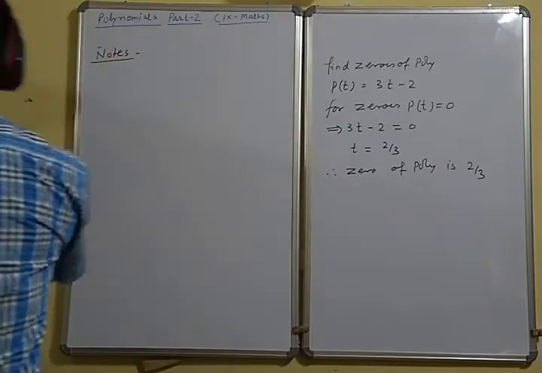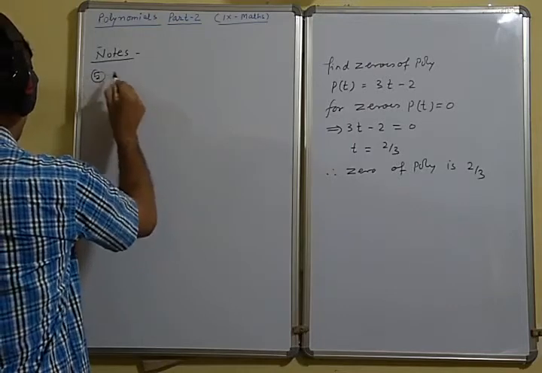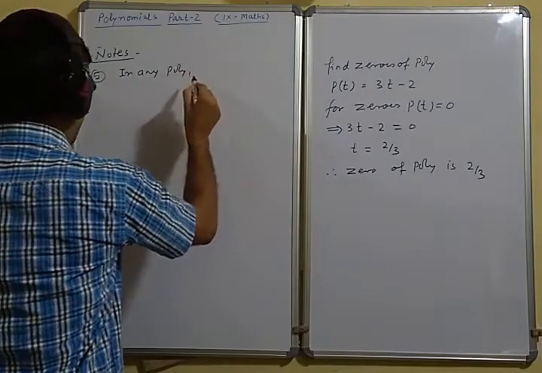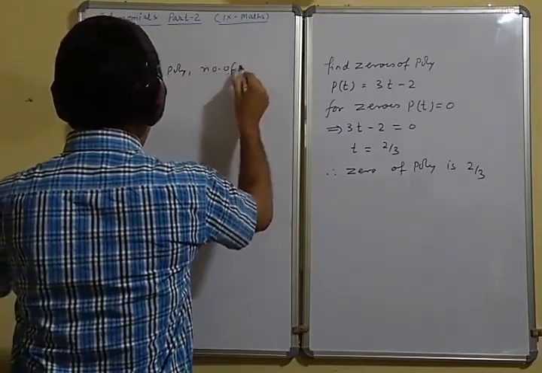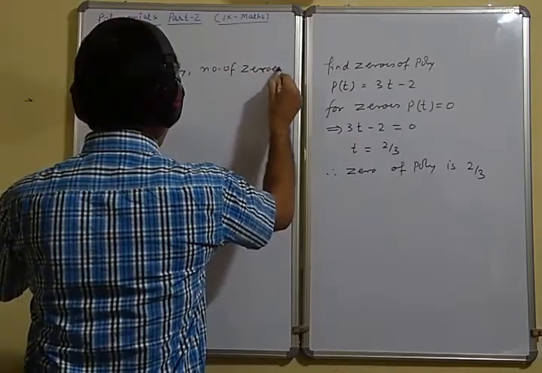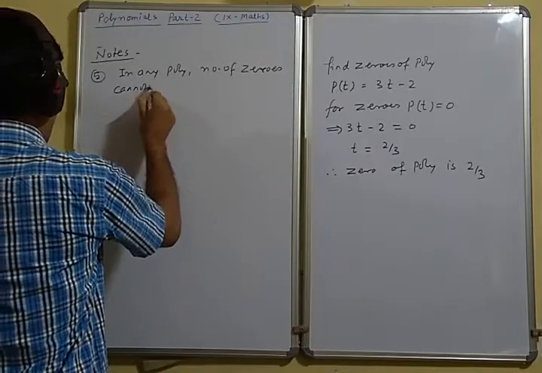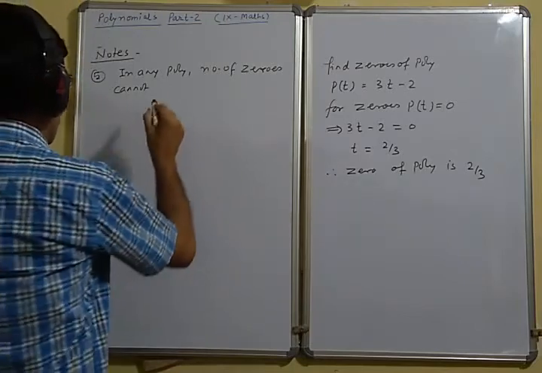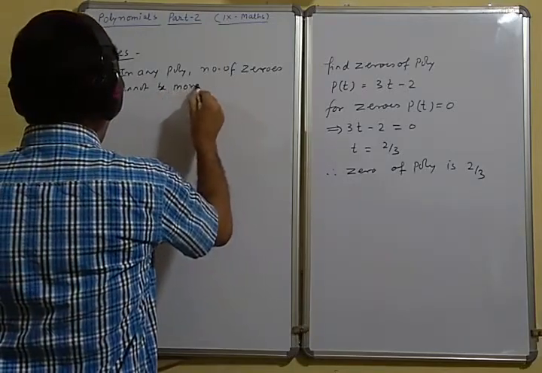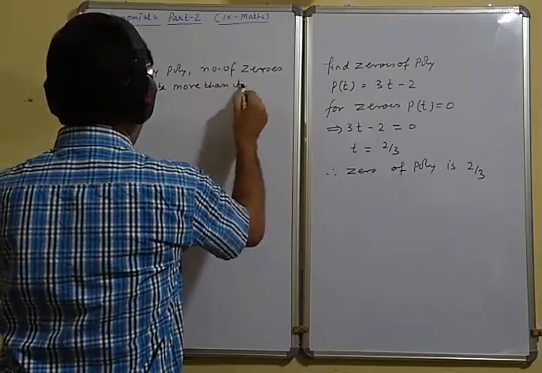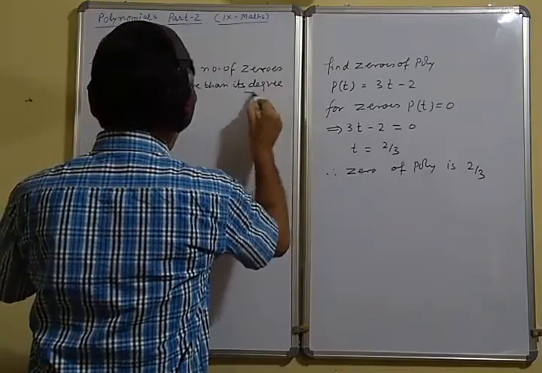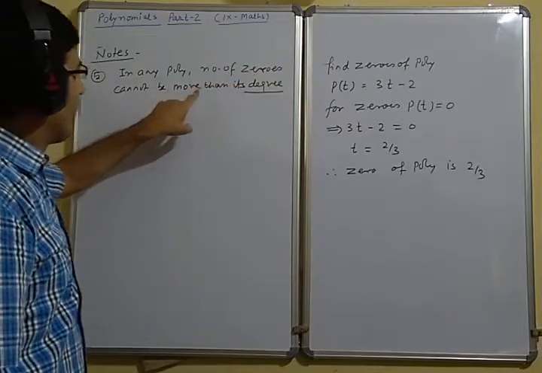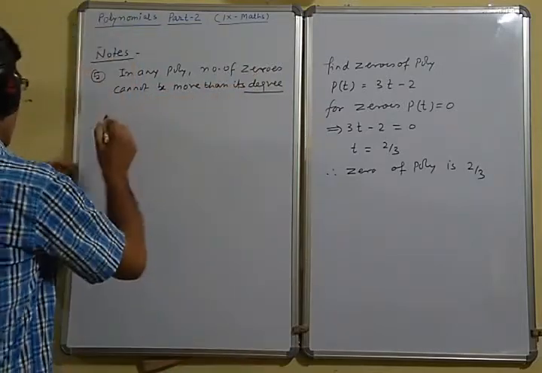Now one more point that we have to discuss, that is point number 5. In any polynomial, the number of zeros cannot be more than its degree. That is a very important point.